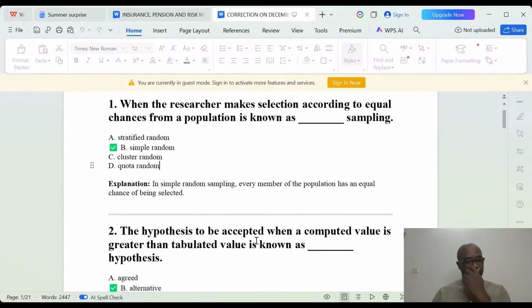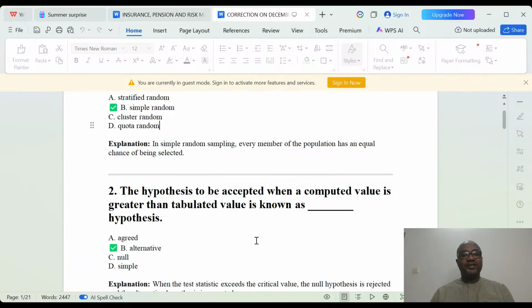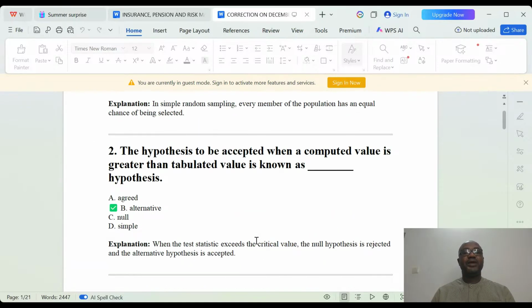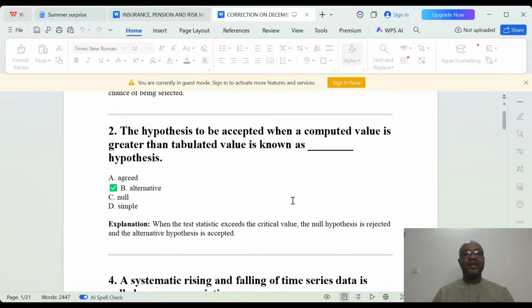Okay. So the hypothesis to be accepted when a computed value is greater than the tabulated value is known as the alternative hypothesis. I think we saw this in yesterday's revision.